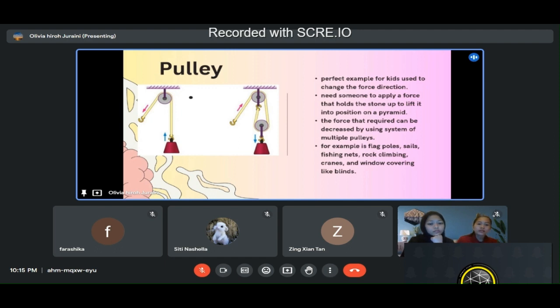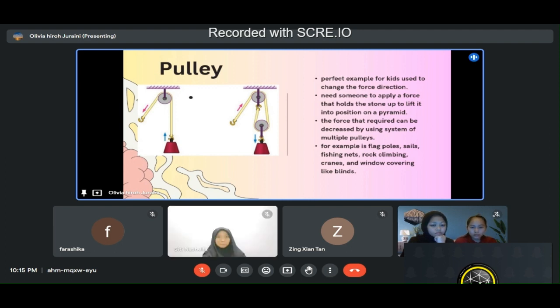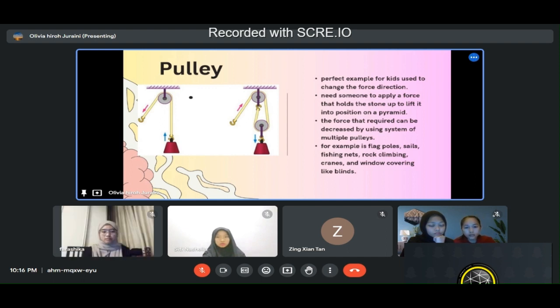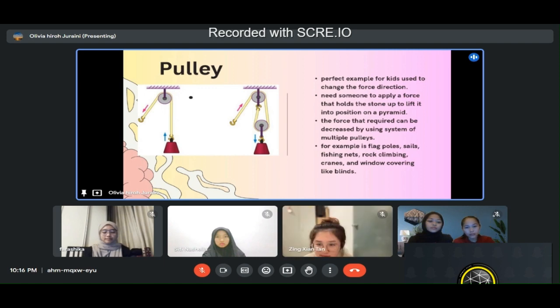The force required can be decreased by using a system of multiple pulleys. Examples of pulleys include flagpoles, sails, fishing nets, rock climbing, cranes, and the last one is window coverings like blinds.